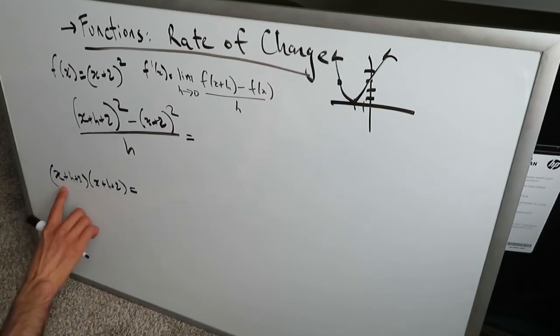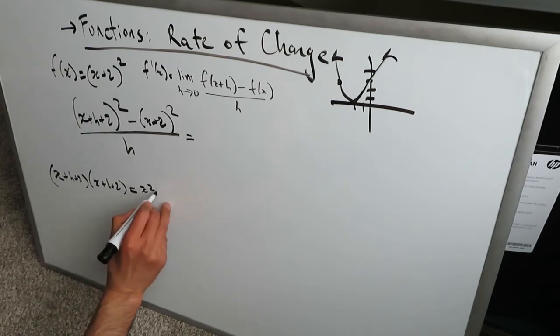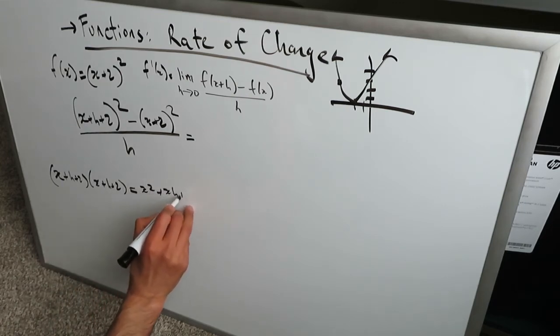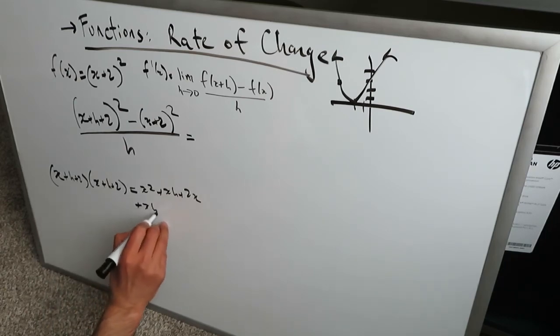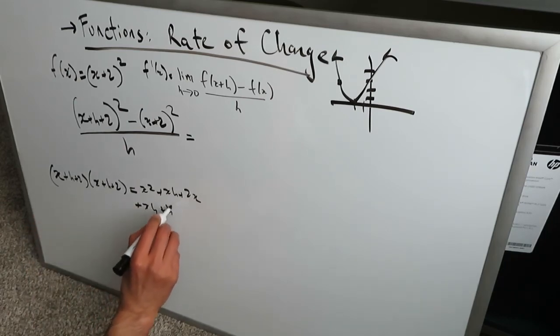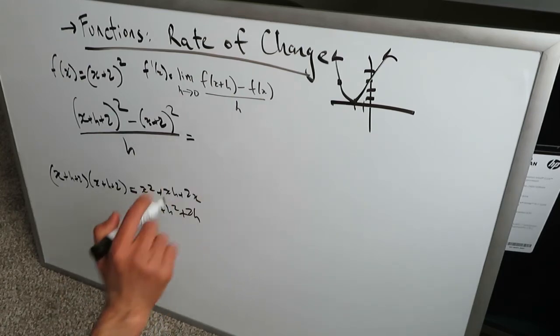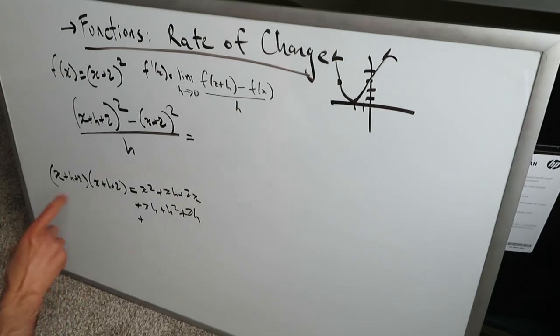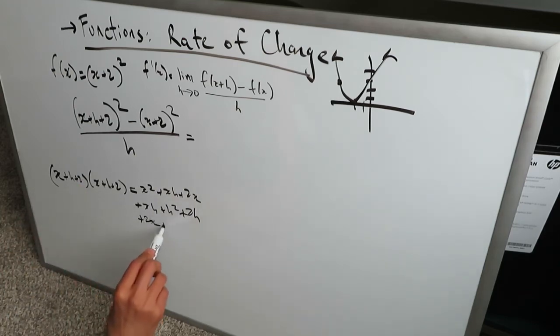When you multiply these one by one, each term, you'll get an x squared, and you'll get an xh plus 2x, then you'll get an xh plus h squared plus 2h. Then the last expansion part, you'll get a 2x plus 2h plus 4.